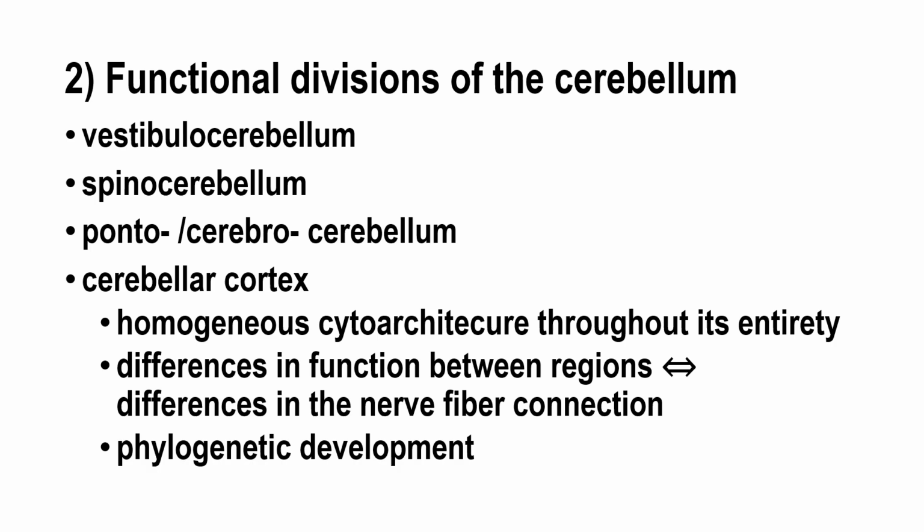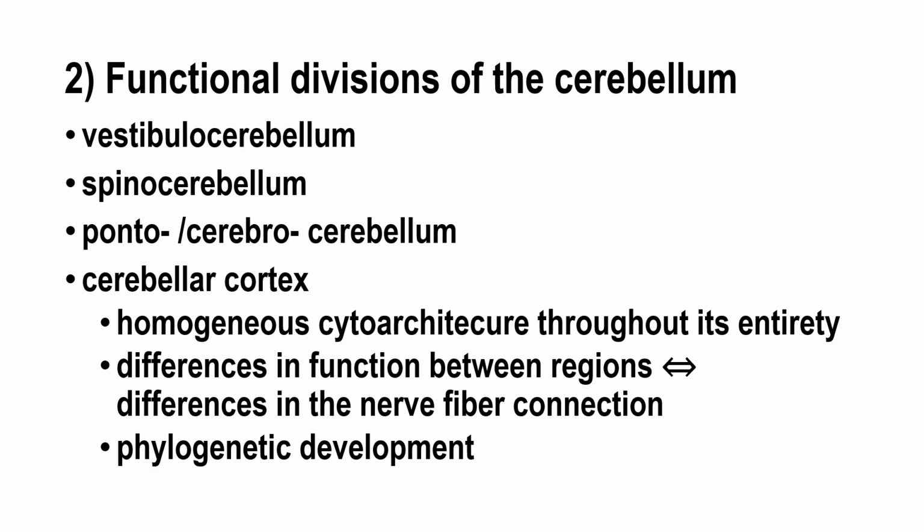However, the cerebellar cortex exhibits a homogeneous cellular structure, the cytoarchitecture, throughout its entirety, and the differences in function between regions are due to differences in the nerve fiber connections.